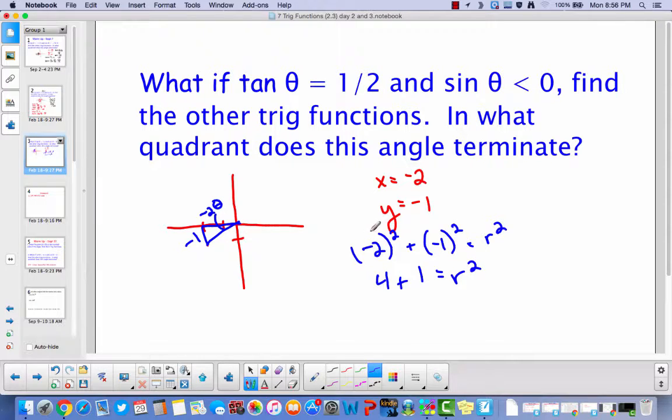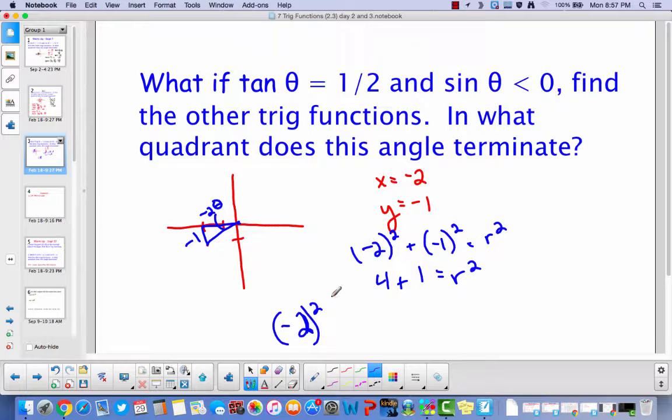If you put this on your calculator and you forget to put the parentheses in, your calculator will read it as the opposite of 2 squared. So it takes 2 and squares it and then makes the opposite of it. That is not what you want. If you put it into your calculator, make sure you put parentheses around it and then square it, because it's the -2 that is being squared there.